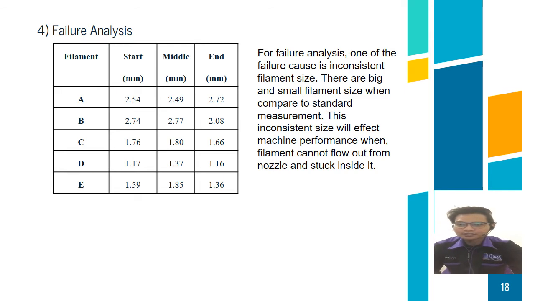We can see the measurements are not according to the standard, because some of the filaments are bigger than the standard and some are smaller. The inconsistent filament size will affect machine performance, because the filament cannot flow out from the extruder and it will be stuck inside the nozzle and tube.